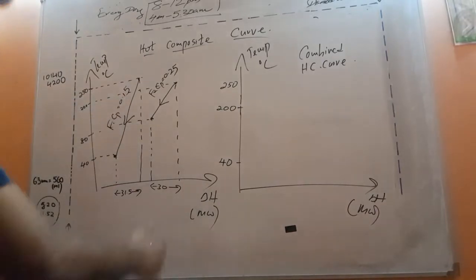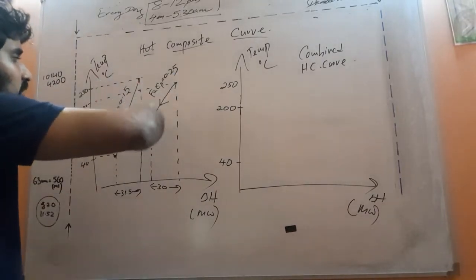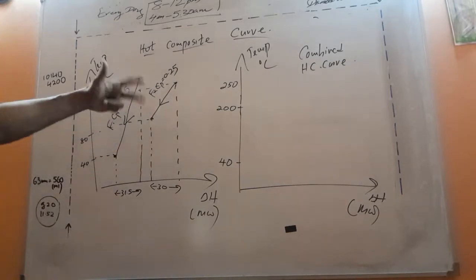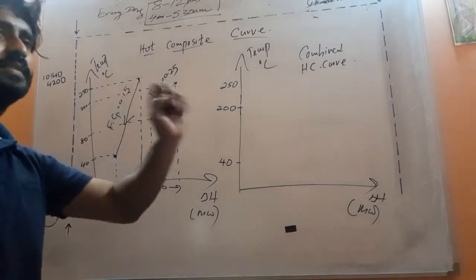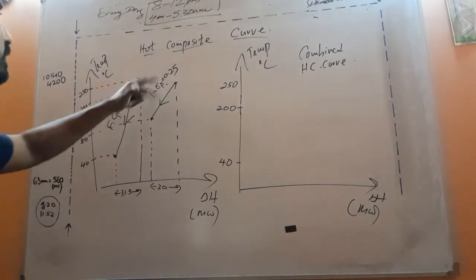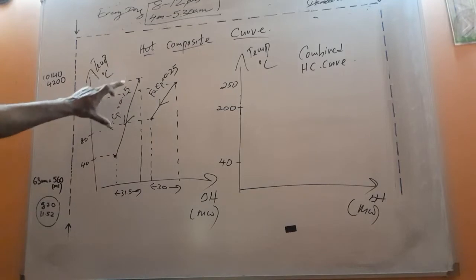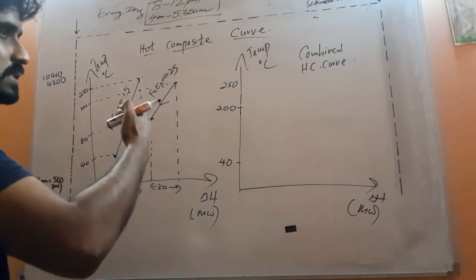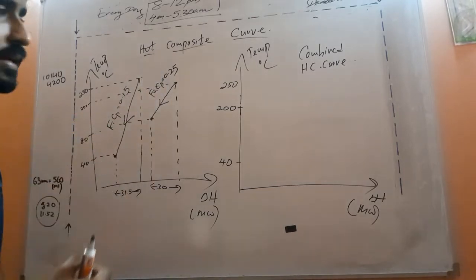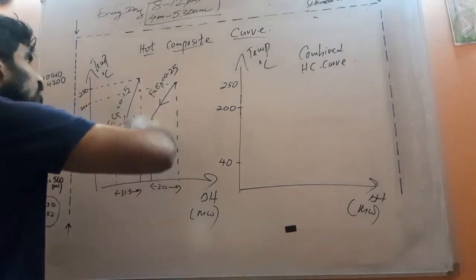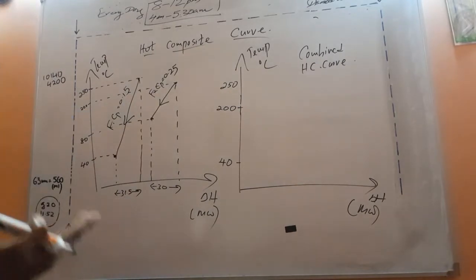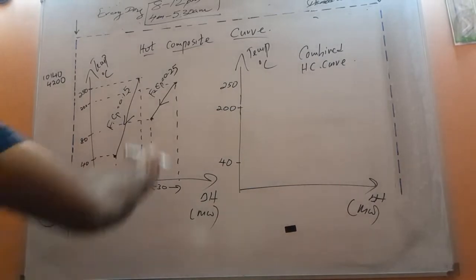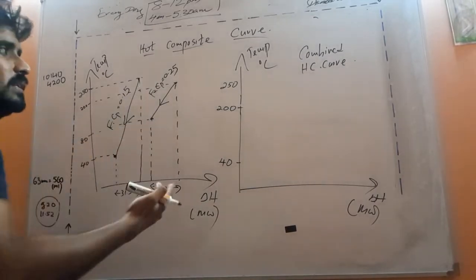Because by looking at the length of this curve, you can very easily say that the other curve cannot predict any relation for the temperature values above 200, but this curve can, not for the temperature values above 250, but for the temperature values below 250. That means by using this curve you can define the variation from 250 to 200. So that is no problem.